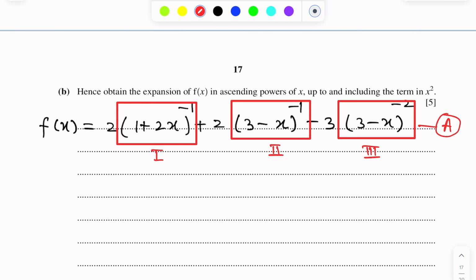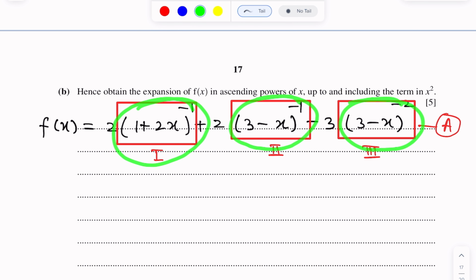Now we will expand these boxes separately. Then we will put here the expanded values of these.